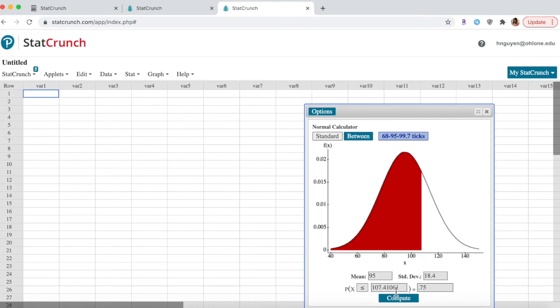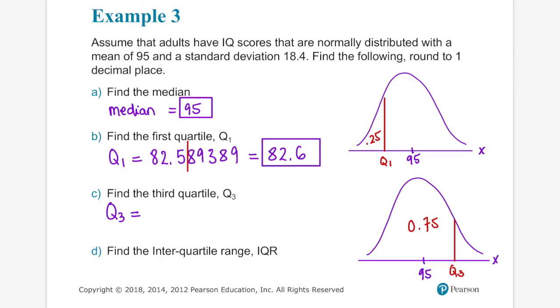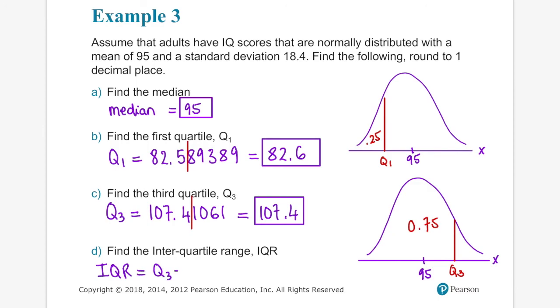This is my Q3. My Q3 is 107.41061. And I am rounding this to 1 decimal place. To find the IQR, I take Q3 minus Q1. And that is 24.8.